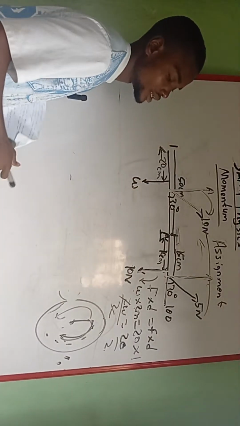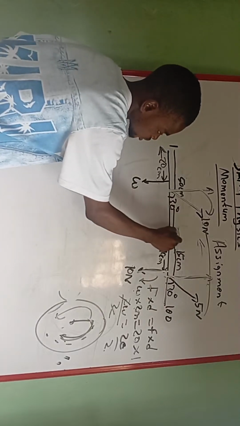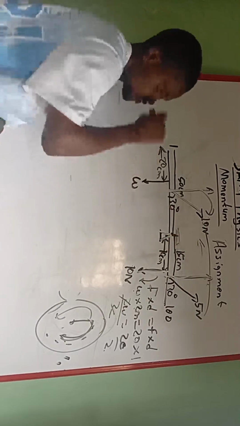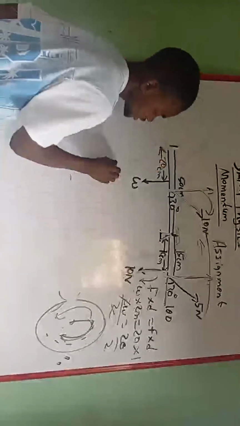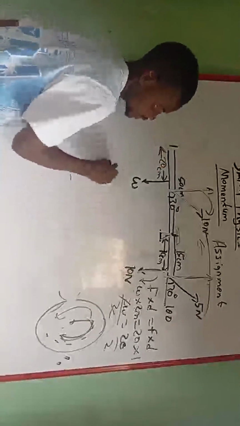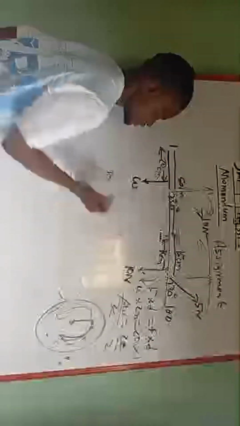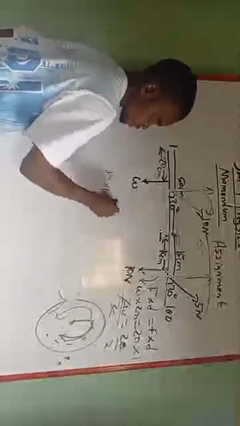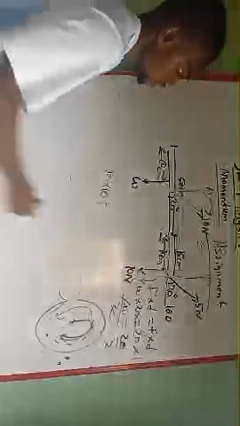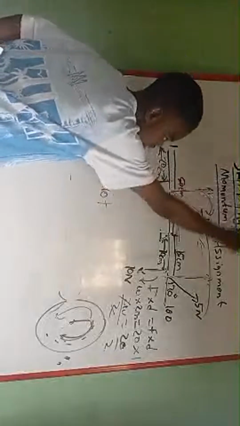You get the perpendicular distance, which is gotten from this edge as well. For this one, let's go with the clockwise. We have 10 multiplied by the perpendicular distance, which is from here to this edge, 10 cm. So 10 cm multiplied by 10, plus this other one that is also going in the clockwise direction.